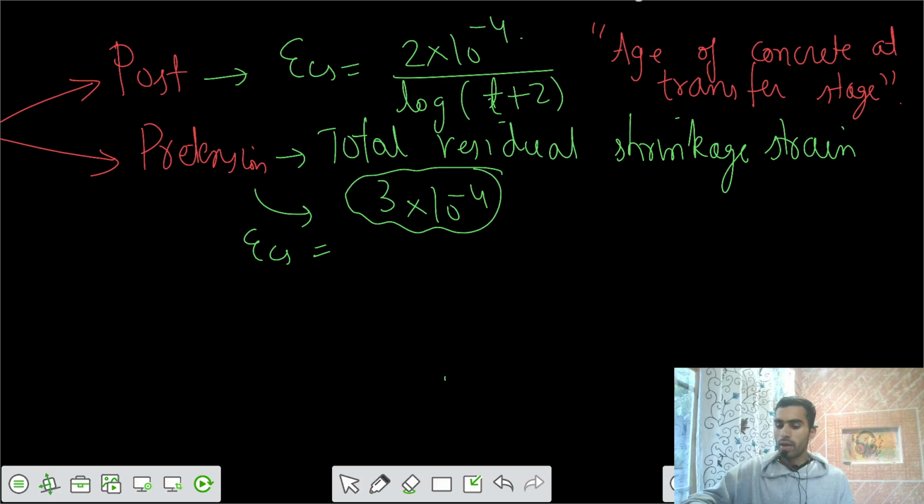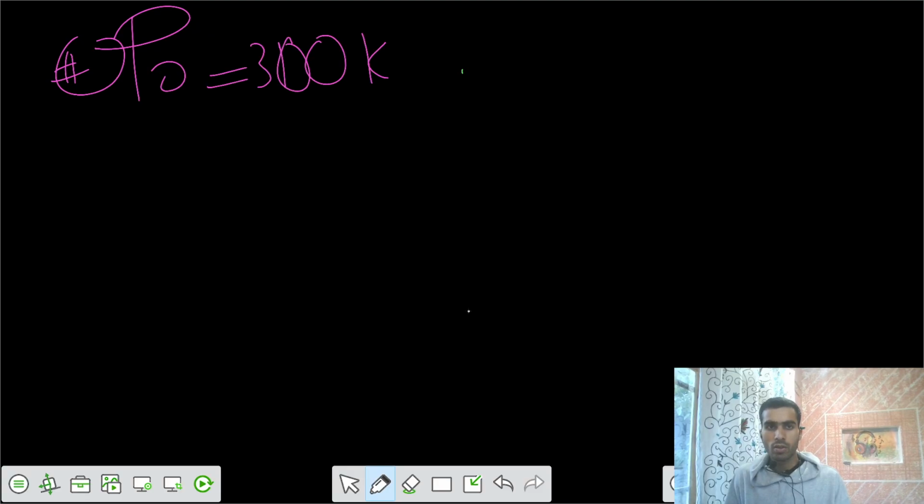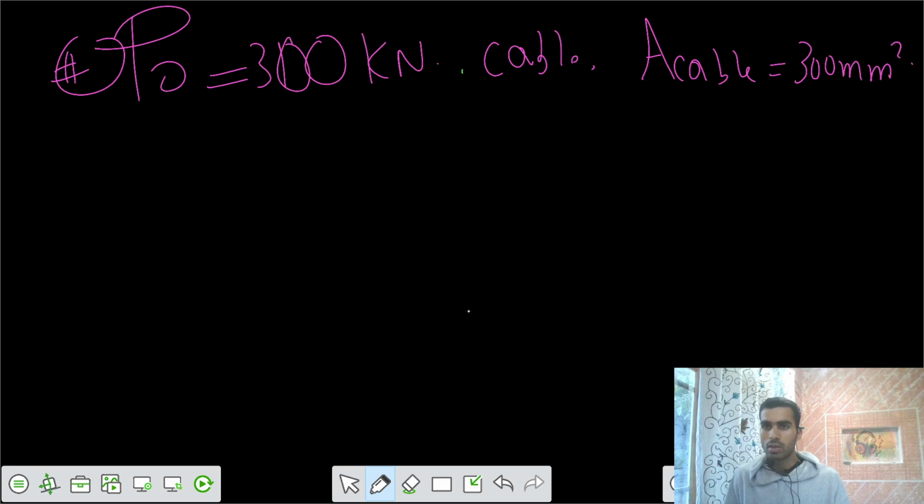So we have a problem here. Let's calculate that loss. The initial prestress force is 300 kilonewton in the cable, and the area of the cable is 300 millimeter square.